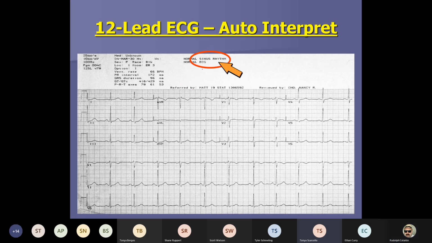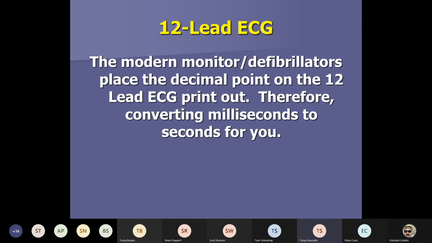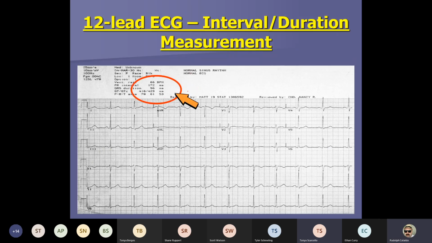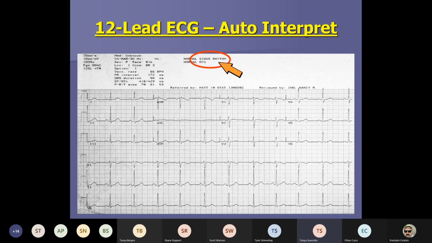Now, some rhythm strips will tell you and confirm what you already believe. The problem is not all monitors are very good at what they do.